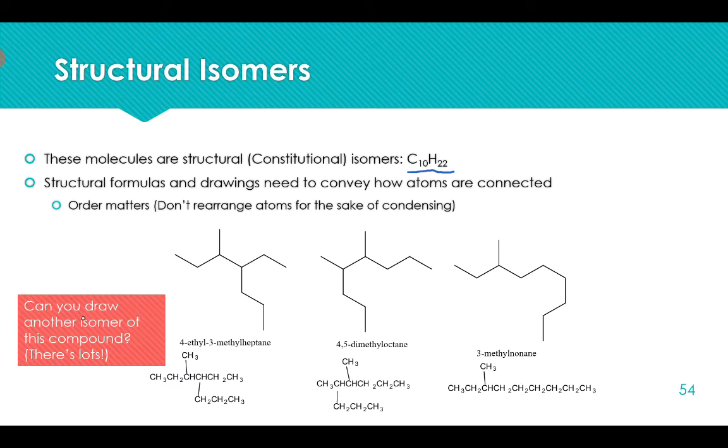And then it says, can you draw another isomer of this compound? So let's try to think. Let's try to first see what we have here. This has 6 carbons. 7. 8.